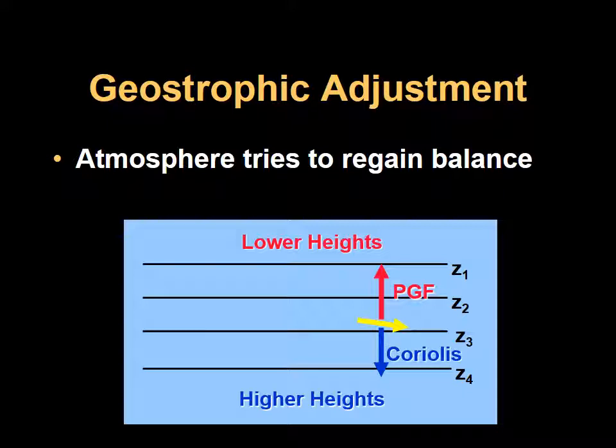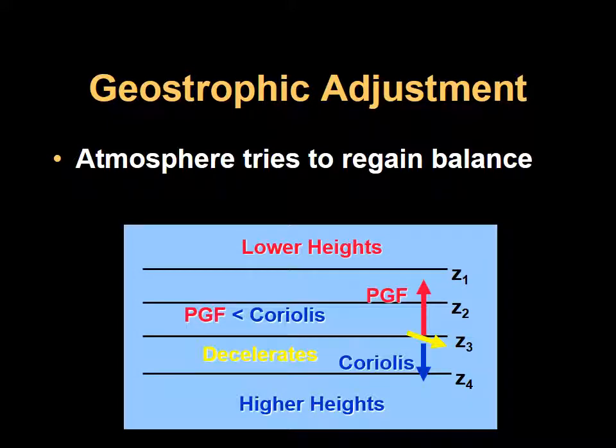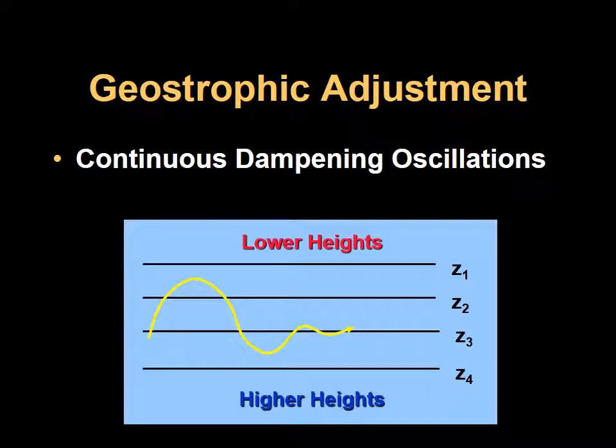So as it goes uphill, towards higher heights, it starts to slow down, and Coriolis force becomes smaller. And as a result, it will start to flow back towards lower heights. So in other words, the wind is constantly seeking a balance.